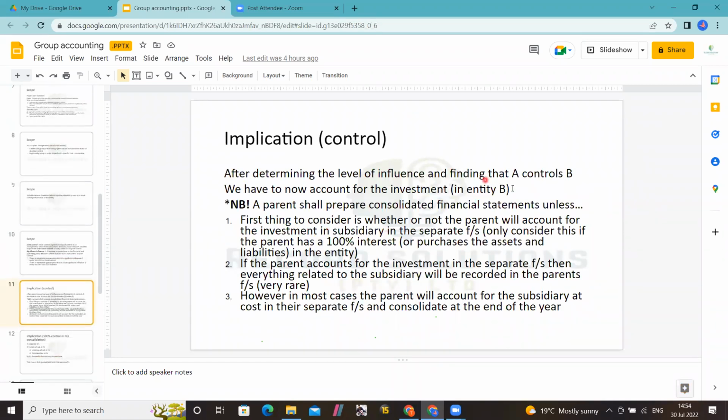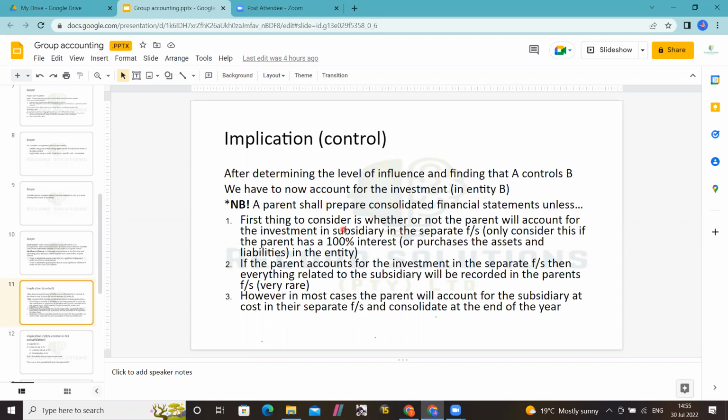So after determining the level of influence, now we've got control, we have to account for the investment. Before you start, you have to consider the first implication, which obviously is business combinations. Because you determined control, you have to check that this thing that you control is really a business before applying IFRS 3.